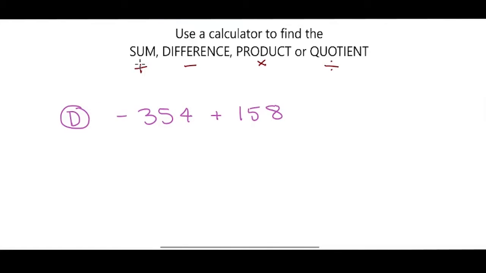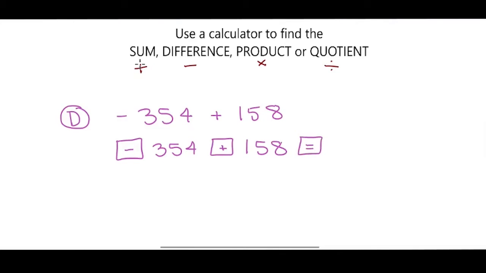So let's say we have negative 354 plus 158. Well, I hit the minus sign. I punch in 354. I hit the plus sign. And then I punch in 158.